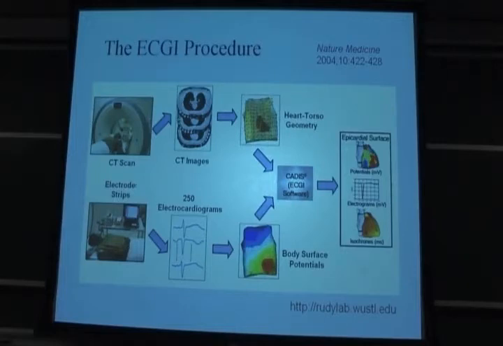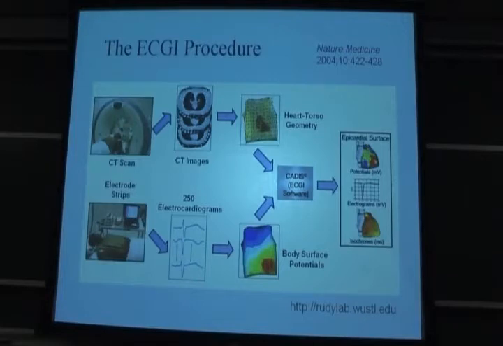At the same time, you push the patient through a CT scan that provides you the electrode positions and the heart geometry, also non-invasively. So you have the geometry here, non-invasive, relating the torso surface to the heart surface. You have the body surface potentials, that is the electrical information, and this is where all of our development went into.